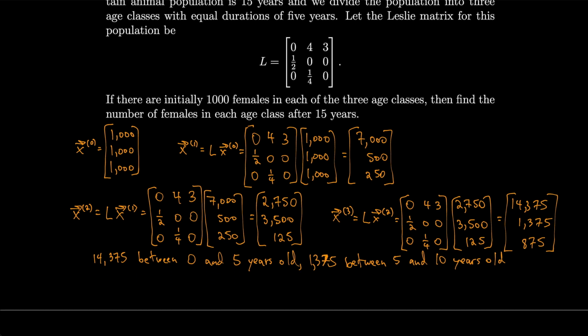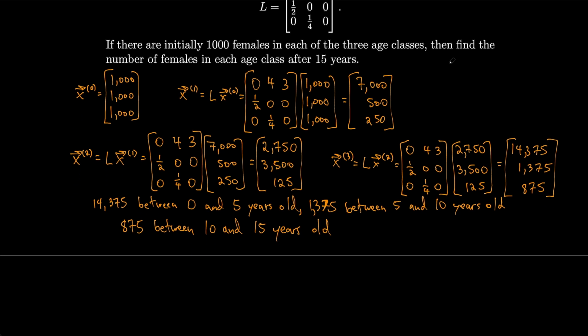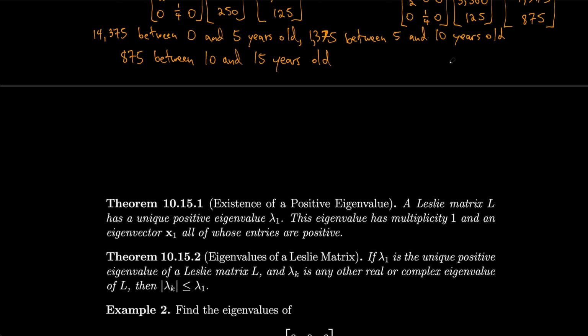And we would have 875 between 10 and 15 years old. This is how the population is divided up after 15 years, according to the Leslie model.